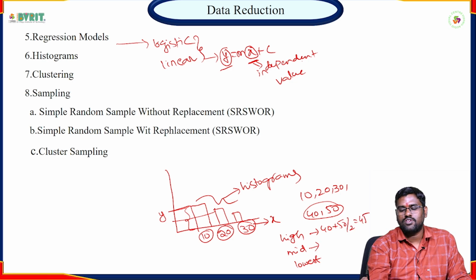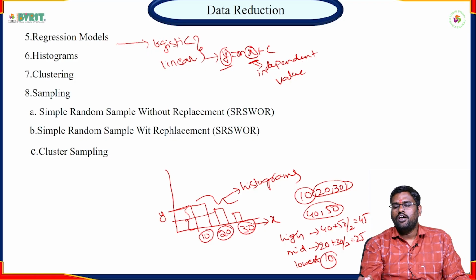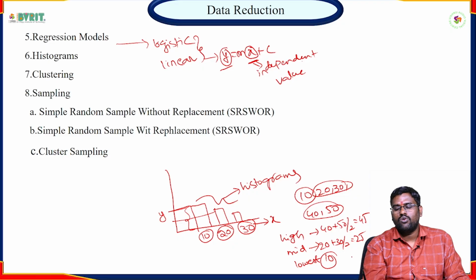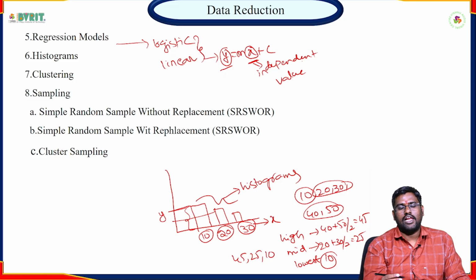Next values are 20 and 30: 20 plus 30 by 2 is 25. Then the lowest value is 10. So we have 5 values, and by using the clustering technique we reduce these 5 values into only 3 values: 45, 25 and 10. That is about clustering.